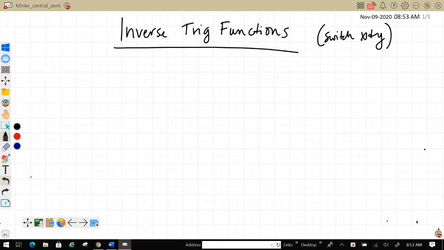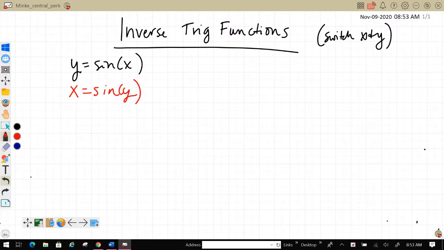So let's say we want to start with sine. Well, what we are doing is taking the function y equals sine x, and switching the x and y. So algebraically, it would look like this, just like we used to do in the past. But then the goal, remember, is to isolate y.